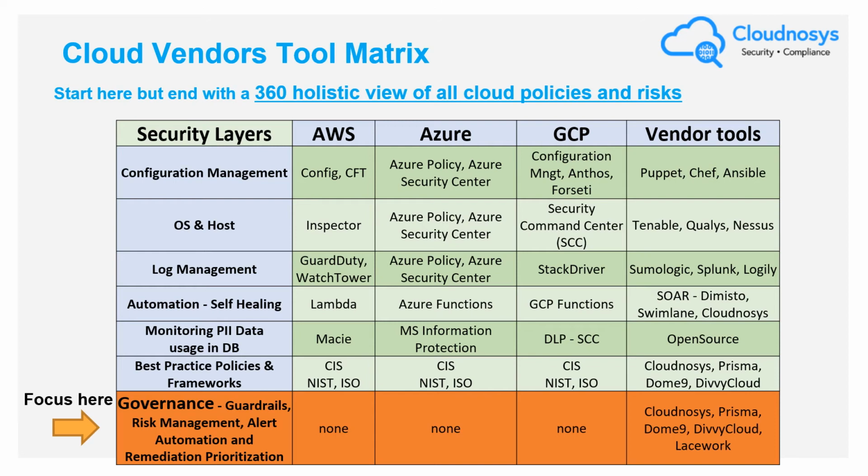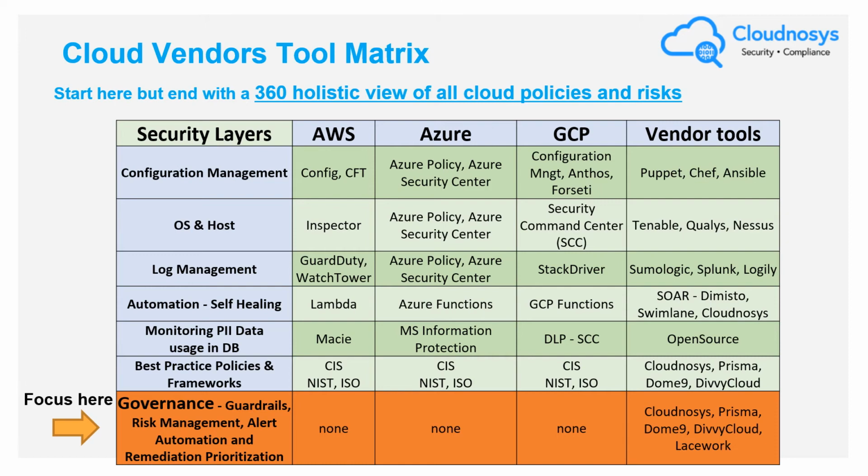You're looking at 5 or 6 tools per cloud vendor, and very soon you can see it can get out of hand, and you can see very quickly why you need governance, why you need guardrails to drive this process, and why you need a risk management process, and why you need what is called remediation prioritization.